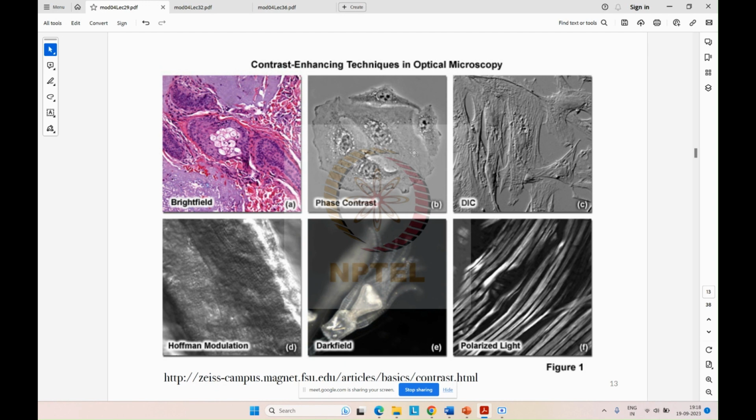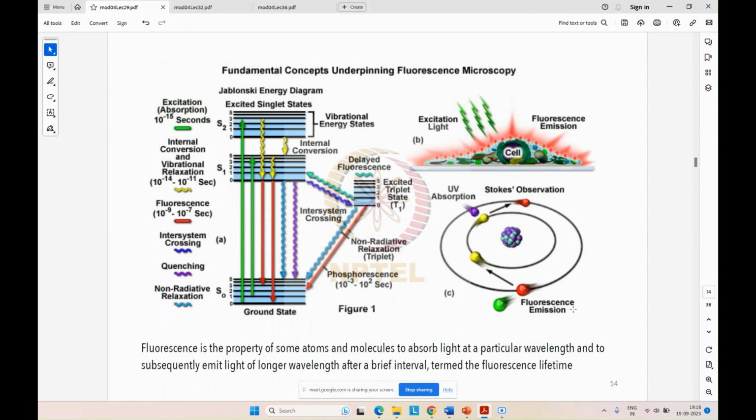Phase contrast is when you have different kinds of blockers on the light path so that you get a better image. And this is what happens due to diffraction from polarized light, etc.